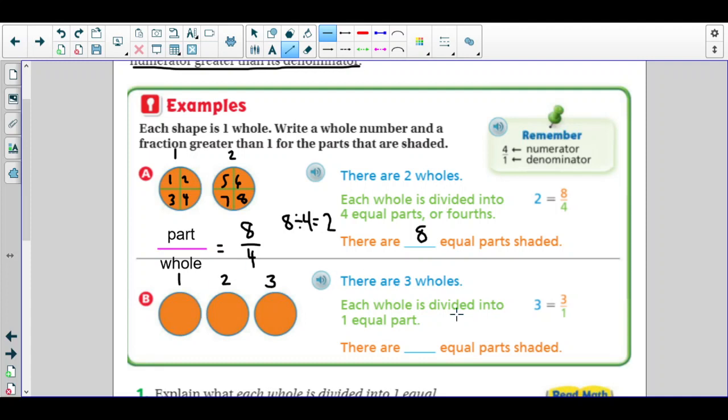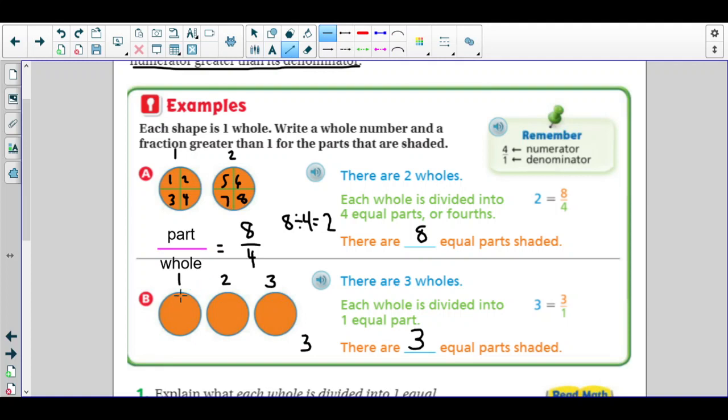Each whole is divided into 1 equal part. So there are 3 equally shaded parts. Let's look at our part over whole. How many parts do we have shaded? We have 3.